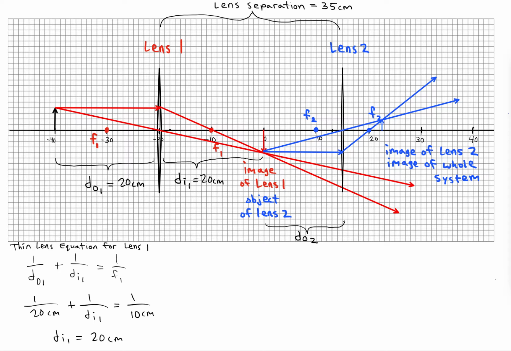So we want to use that because if you look at the distances below, you'll see that the distance of image 1 plus the distance of object 2 equals the lens separation.